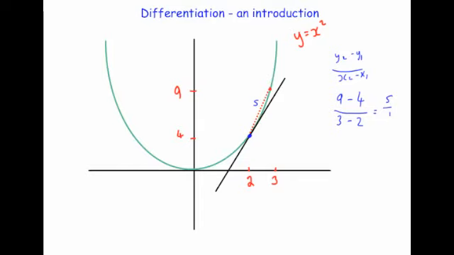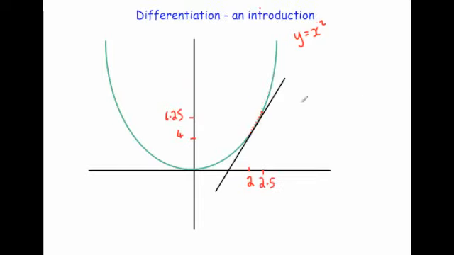Let's bring it a bit closer. So let's try this particular point here. Instead of being 3 across, I'm only going to go 2.5 across. So 2.5 squared is 6.25. So let's work out the gradient of this red chord. 6.25 subtract 4, that's y2 minus y1, over 2.5 subtract 2.